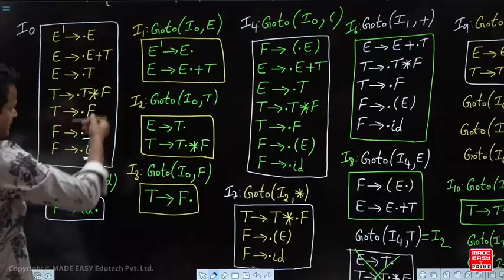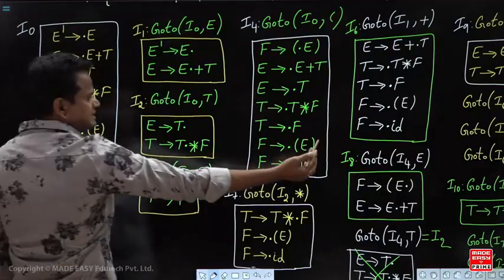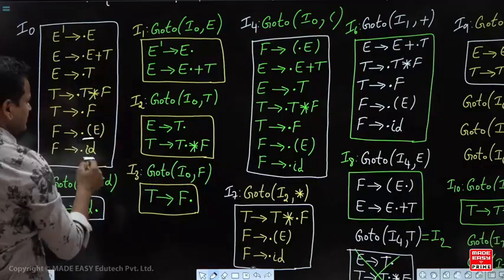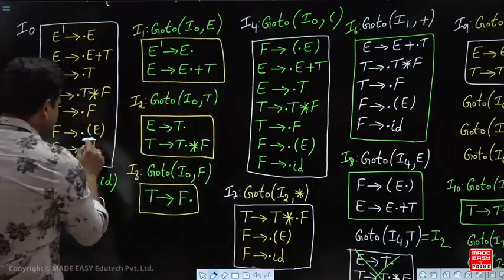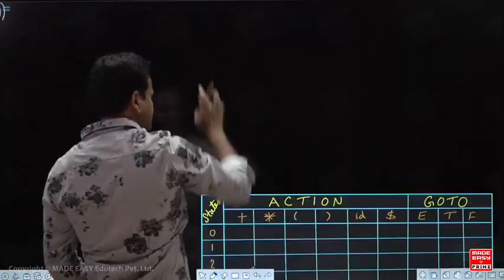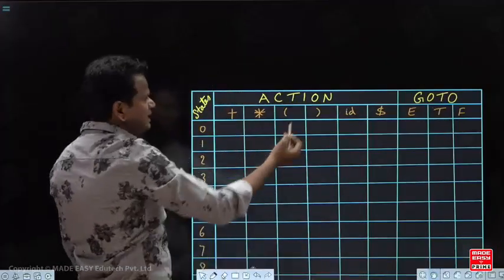So while we are filling the table for I naught, while we are considering every production for shift symbols, if the shift symbol is a terminal, then for those terminals we will enter in the action part, because the action part only will have terminals.